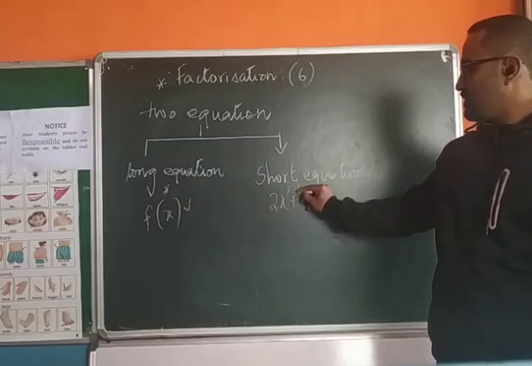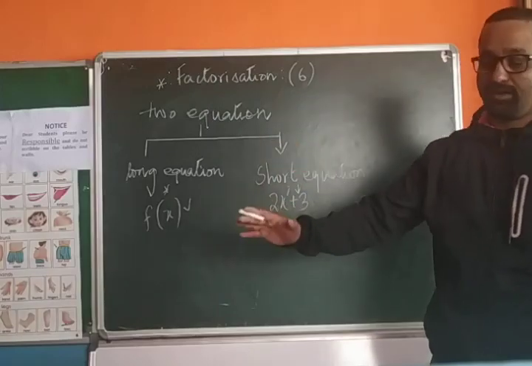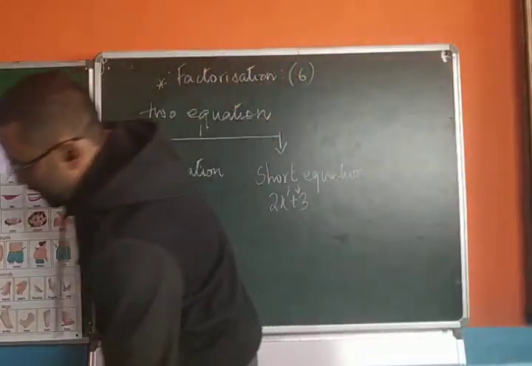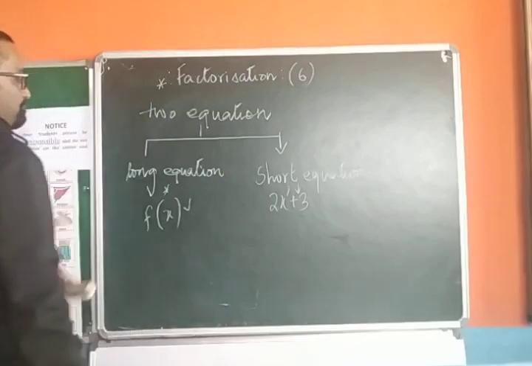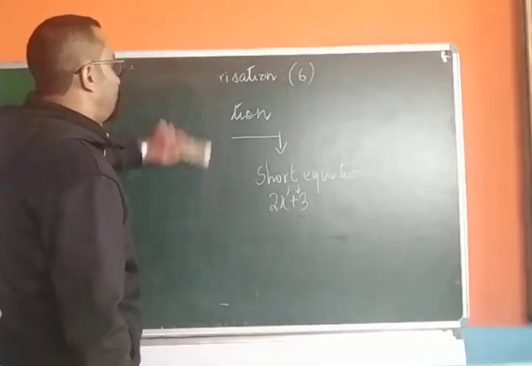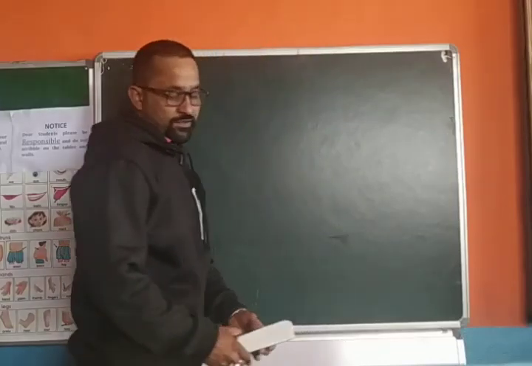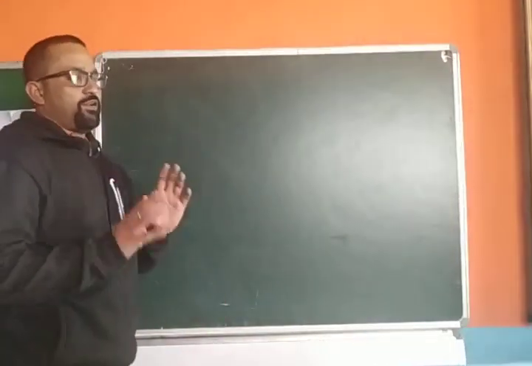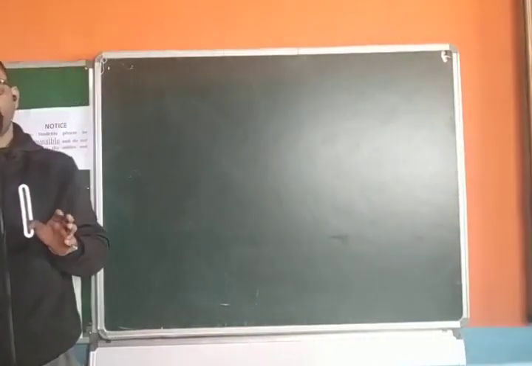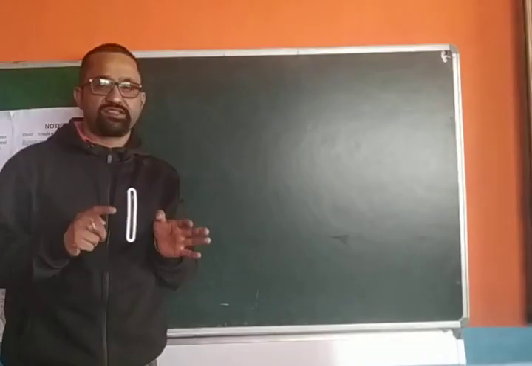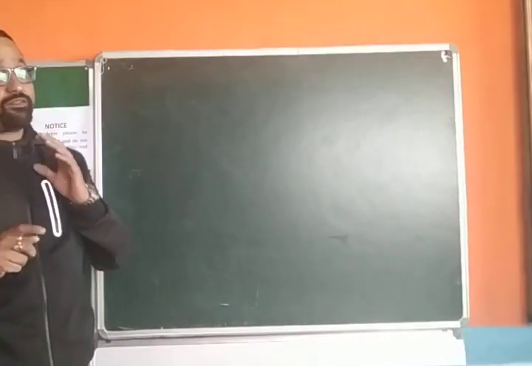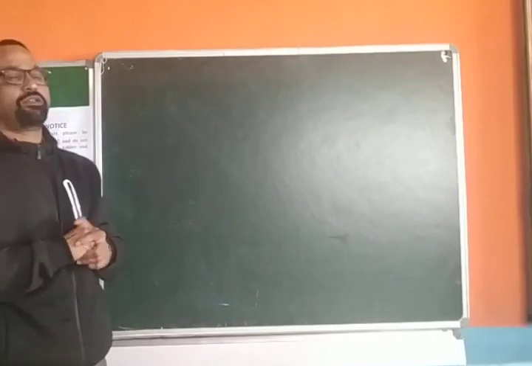Short equation, we use it to find the remainder. I will give you the example. Let's see how this remainder theorem works. You can refer to your book from the exercise. I'm just dictating the question.